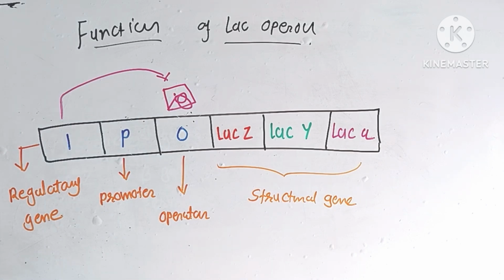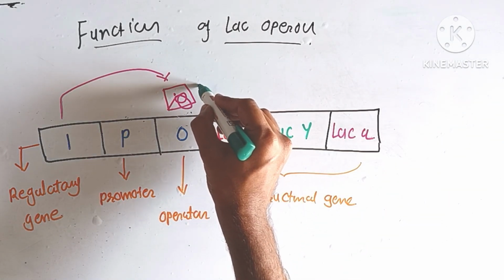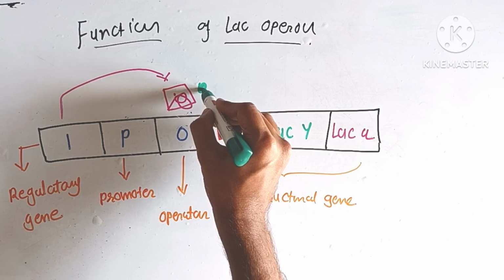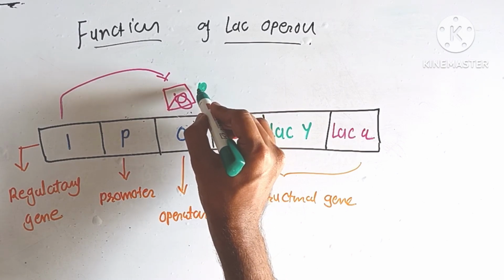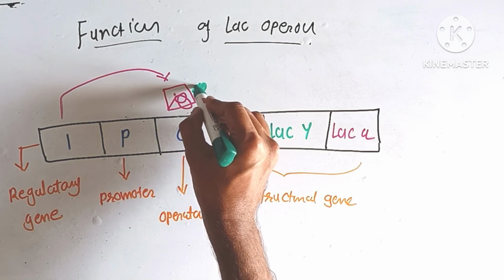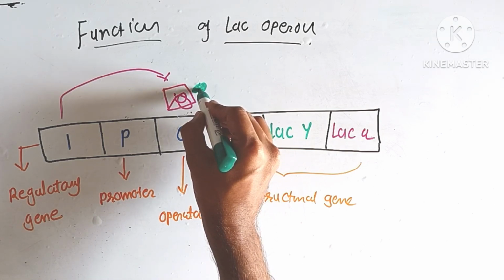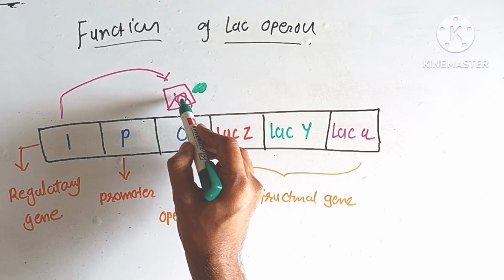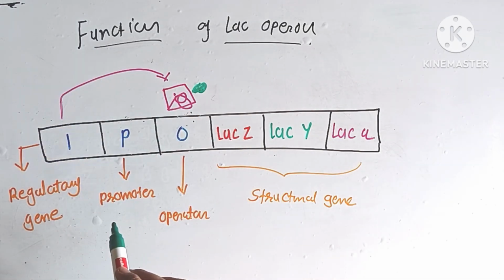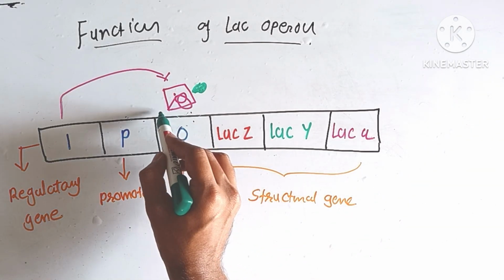But in the second scenario, if lactose is present, what happens? A small amount of a sugar that is defined as allolactose is formed within the cell, and this binds with the repressor protein. This allolactose sugar binds with the active site of the repressor protein, and as a result reduces the affinity.